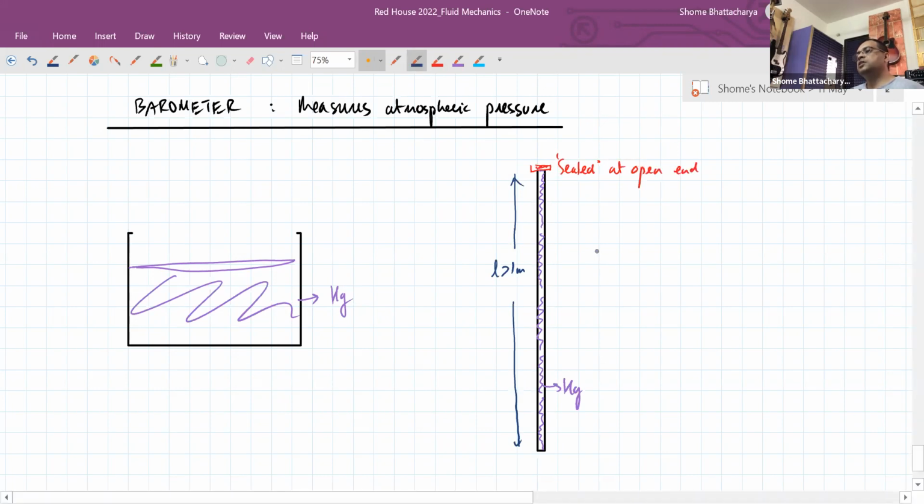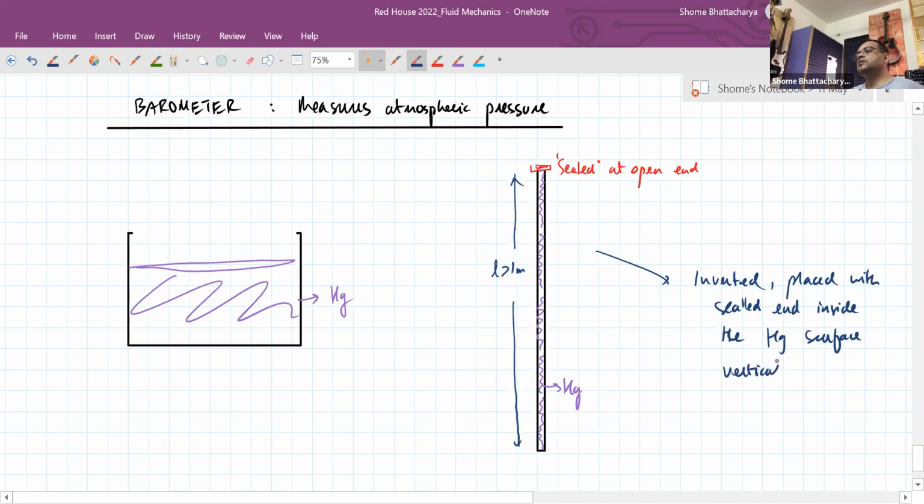The next step is this is inverted, placed with the sealed end inside the mercury surface, vertically, and then the seal opened.